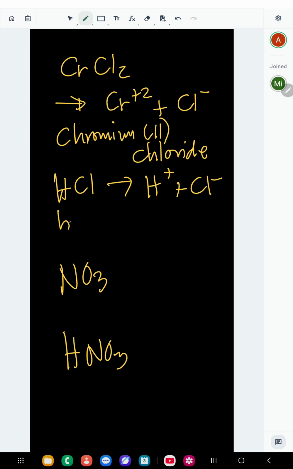So this would become hydrochloric acid. But if it is indicated that it is a gas, then you can say hydrogen chloride. If it's aqueous like this, so hydrochloric acid. But normally we name this as hydrochloric acid.